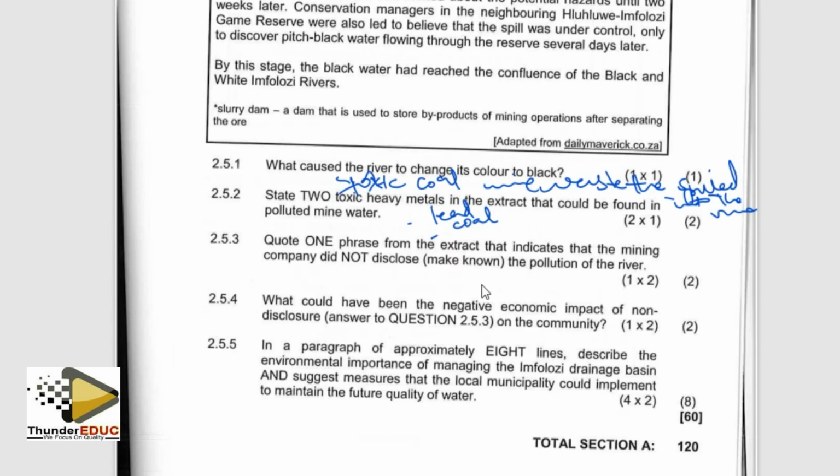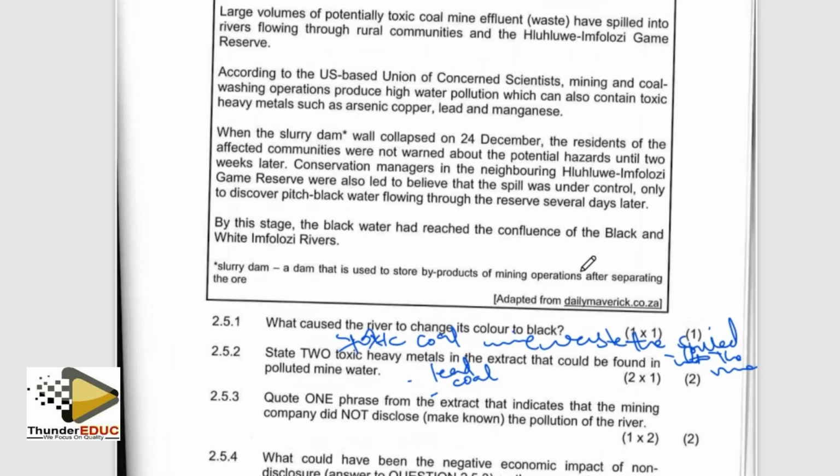So you find out that somewhere here they say, when the slurry dam wall collapsed on 24th December, the residents of the affected community were not warned.